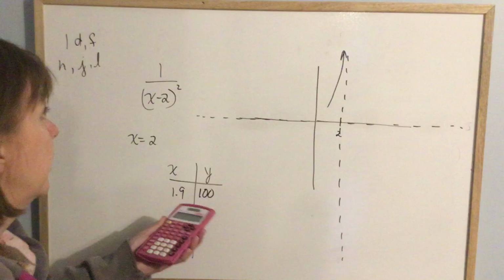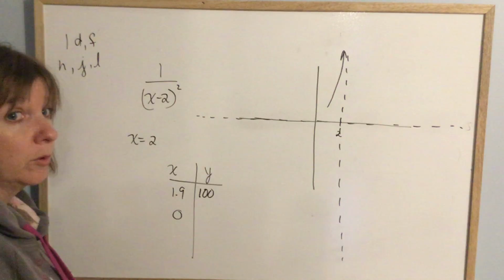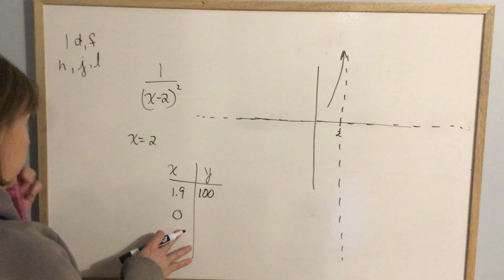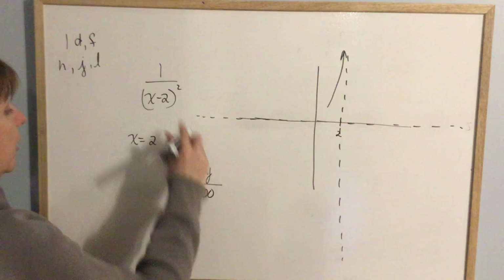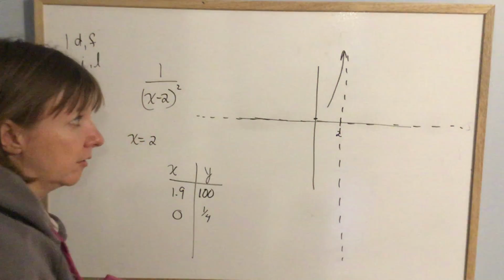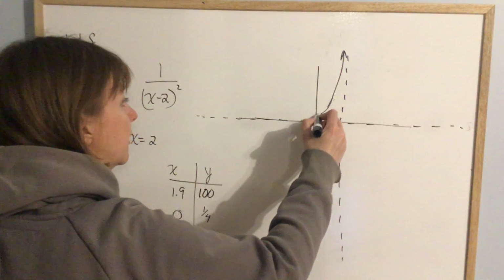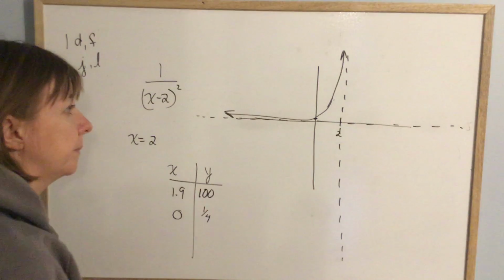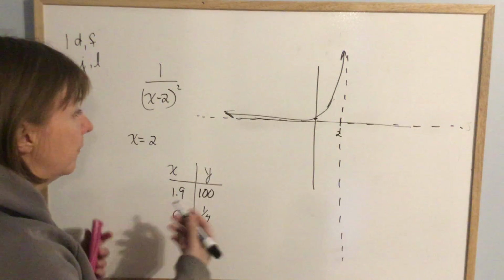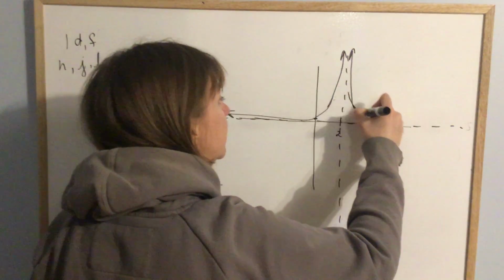Now, if I put 0 in as my x value, 0 minus 2 is negative 2, squared is 4. I actually get 1/4. So it's still above the x-axis. And so my guess is it's going to do this. And on the other side of 2, so let's say 2.1, I'm also going to get positive 100, meaning it's going up here.